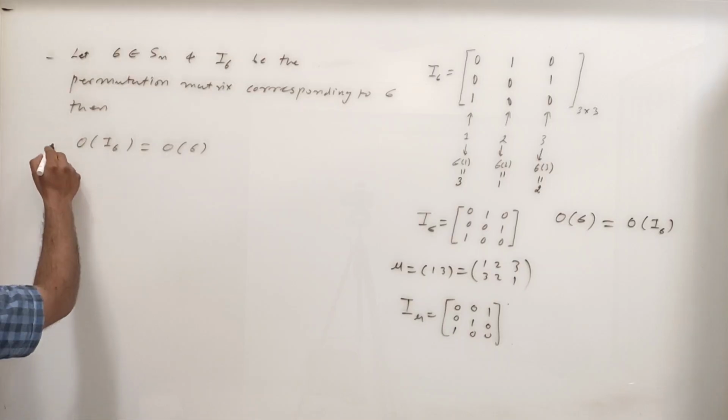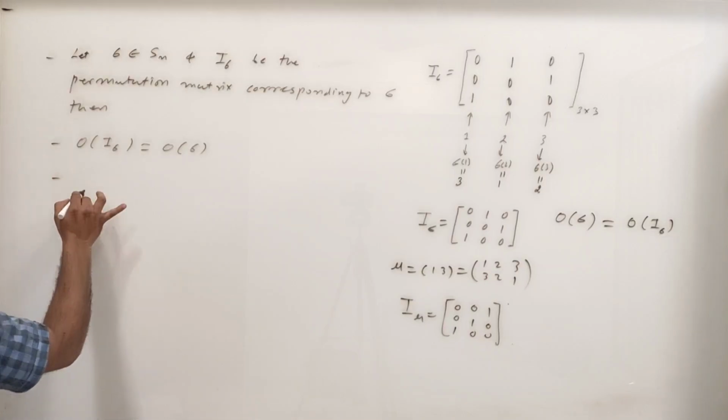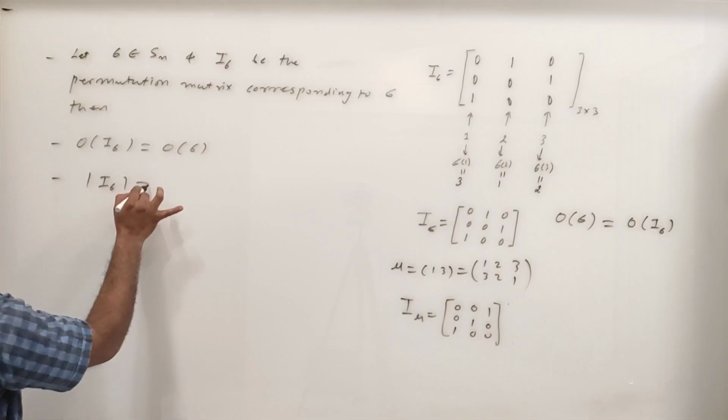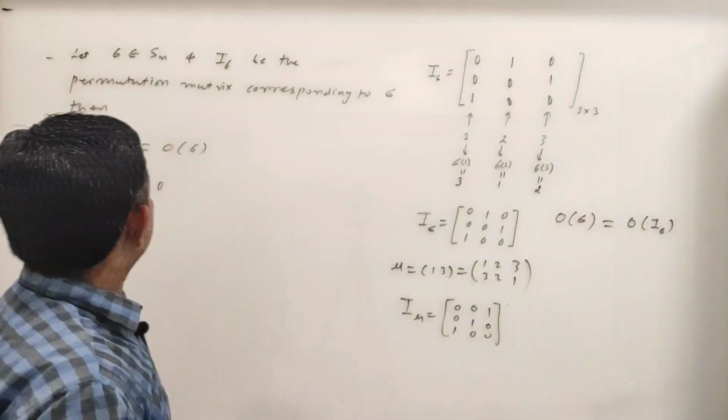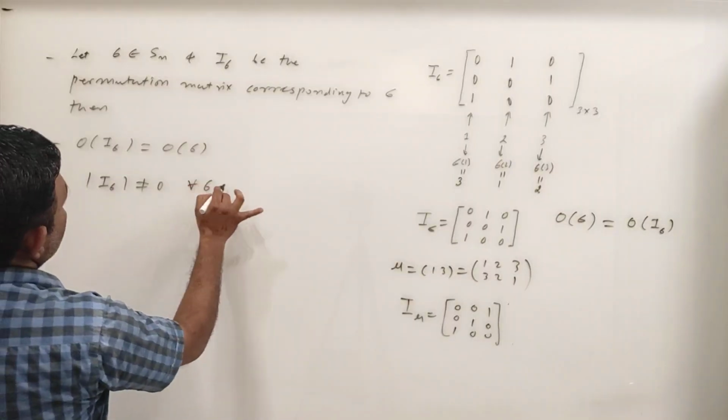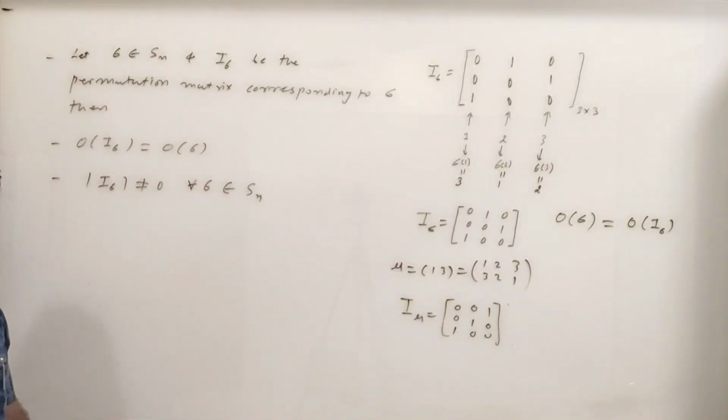Second thing: determinant of I sigma is non-zero for all sigma belonging to Sn.